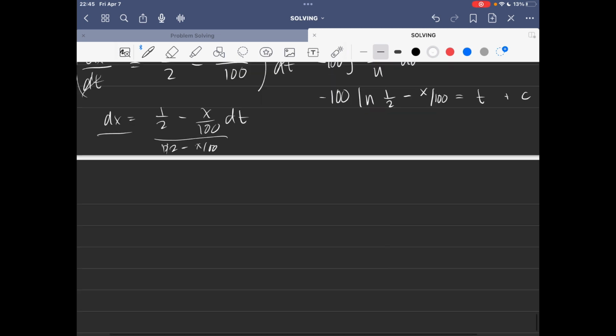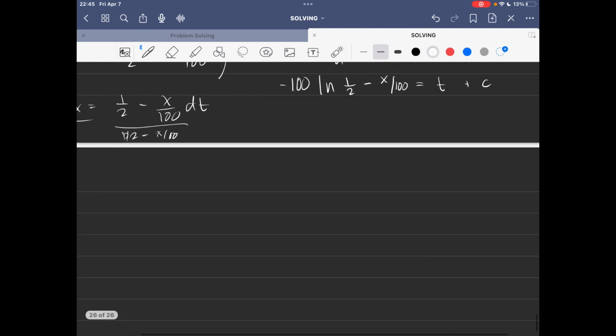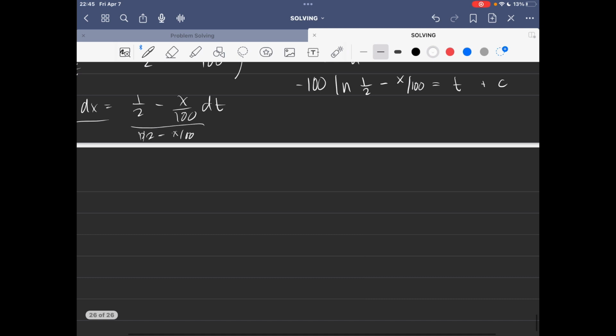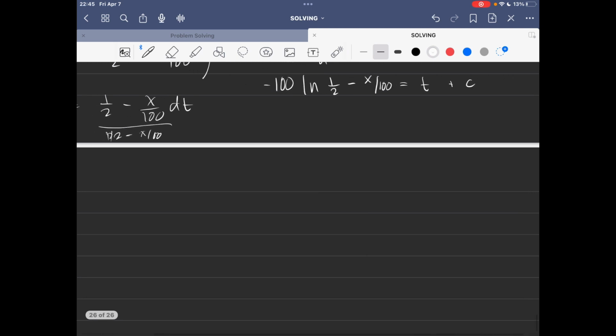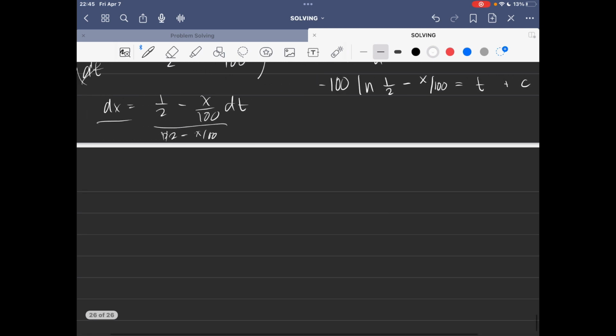We can then divide both sides by 100. So negative 100 ln of 1/2 minus x over 100 is equal to t plus c.